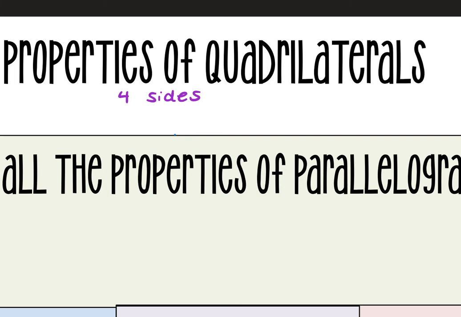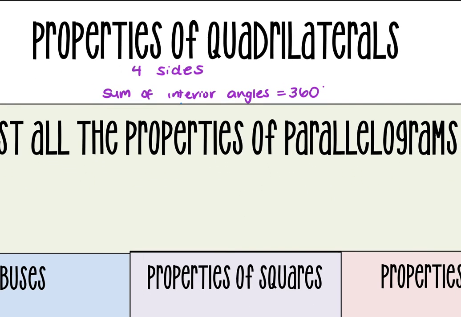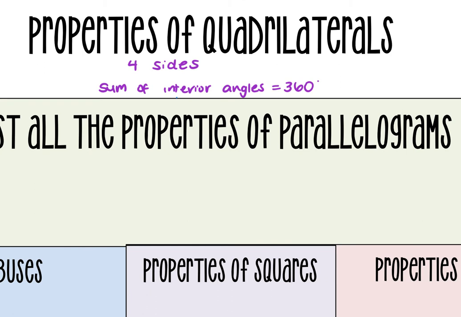There's one more thing we know that has to be true at all times about the angles. Specifically, the sum of the angles. Good. The sum of the interior angles, and technically exterior, because that's always for quadrilaterals, equals 360. That is true for every quadrilateral, anything that has four sides.